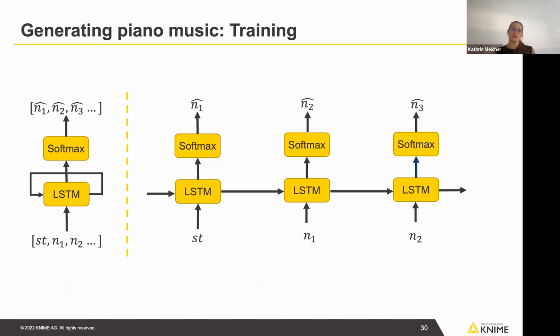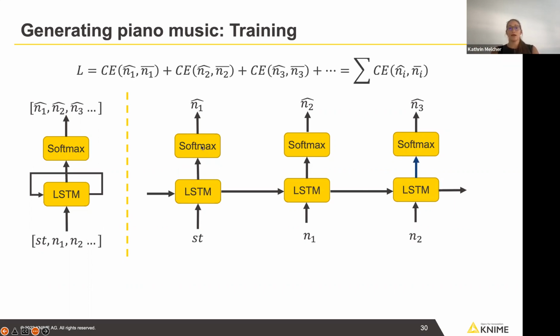We need one additional layer, which we can use to actually predict the next note, the next class. Therefore, we can use the output of the LSTM layer in a softmax layer, because the softmax layer can give us a probability distribution over all different classes, in our case, over all different notes. That's why I added in my network structure, in addition to the recurrent layer, also a softmax layer.